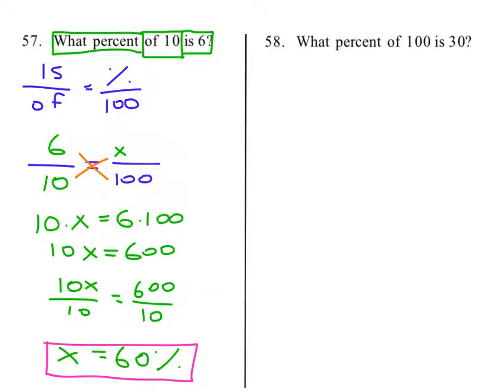Okay, we'll do that again for this next problem. And we'll start with the is over of equals percent over 100. It's a good thing to just write that down at the start every time. And now let's fill it in with what we know. First, we need to just identify what's going with what.